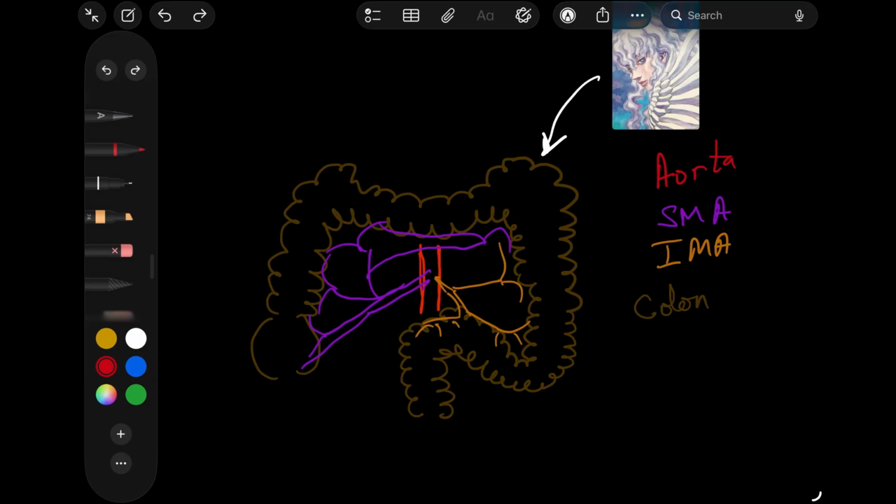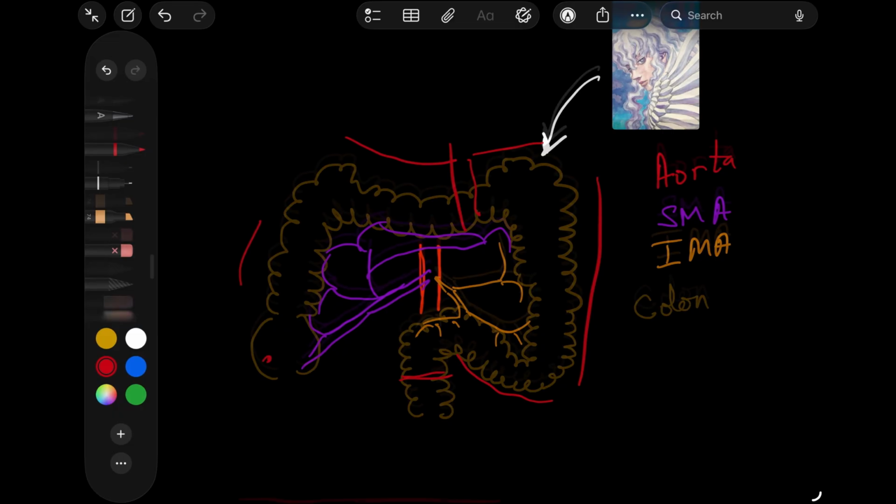Now, the superior mesenteric artery supplies the cecum, the ascending colon, and 2/3 of the transverse colon. Now, the inferior mesenteric artery supplies one third of the transverse colon, the descending colon, as well as the sigmoid colon, and the upper portion of the rectum via the superior rectal artery.